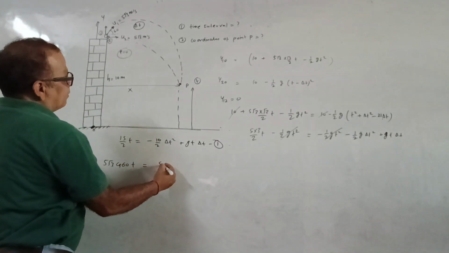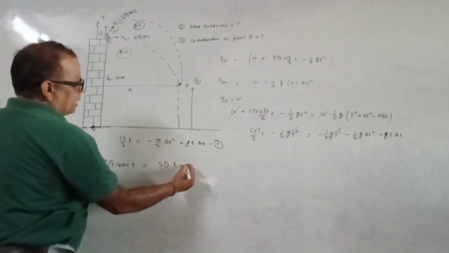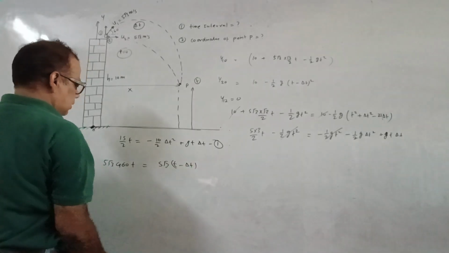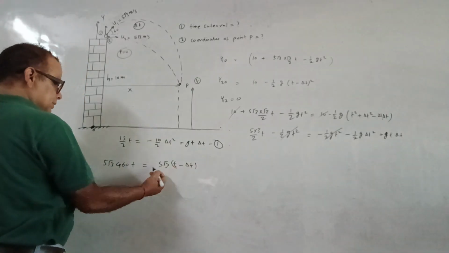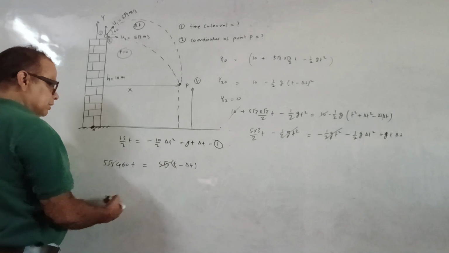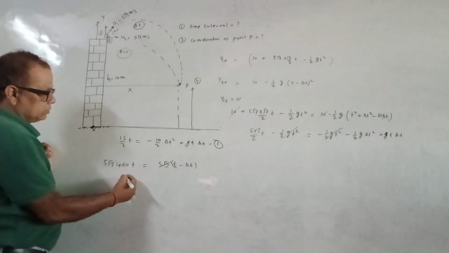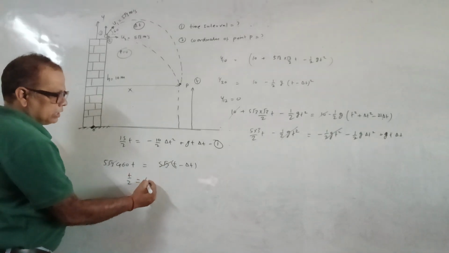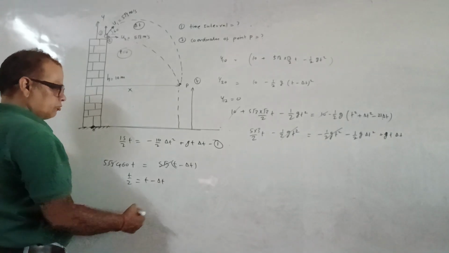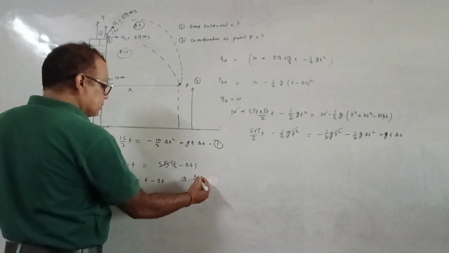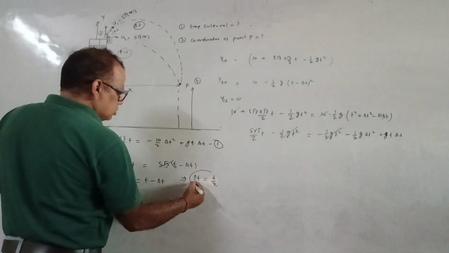This will be 5 root 3 (t minus delta t). So 5 root 3 will cancel, cos 60 is half, so t by 2 is equal to t minus delta t. From here we get delta t is equal to t by 2.